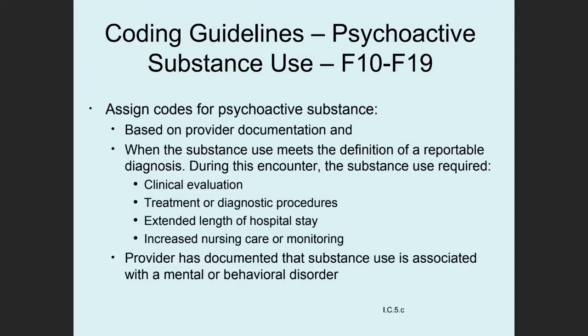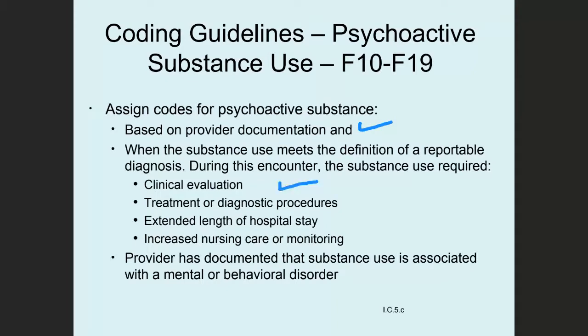So let's look at some general guidelines for coding for these conditions. So the guidelines say, assign a code for psychoactive substance based on provider documentation. Okay. When the physician or provider has to say, this is abuse, this is dependence. You have to base your documentation on what the provider has written down. You also will use these codes when the substance use meets the definition of a reportable diagnosis.